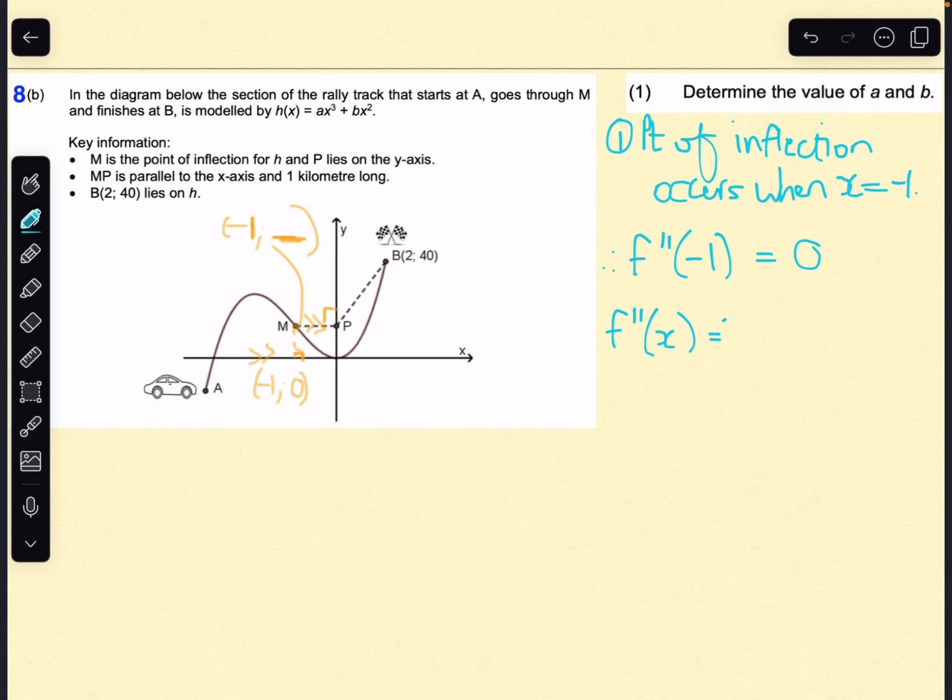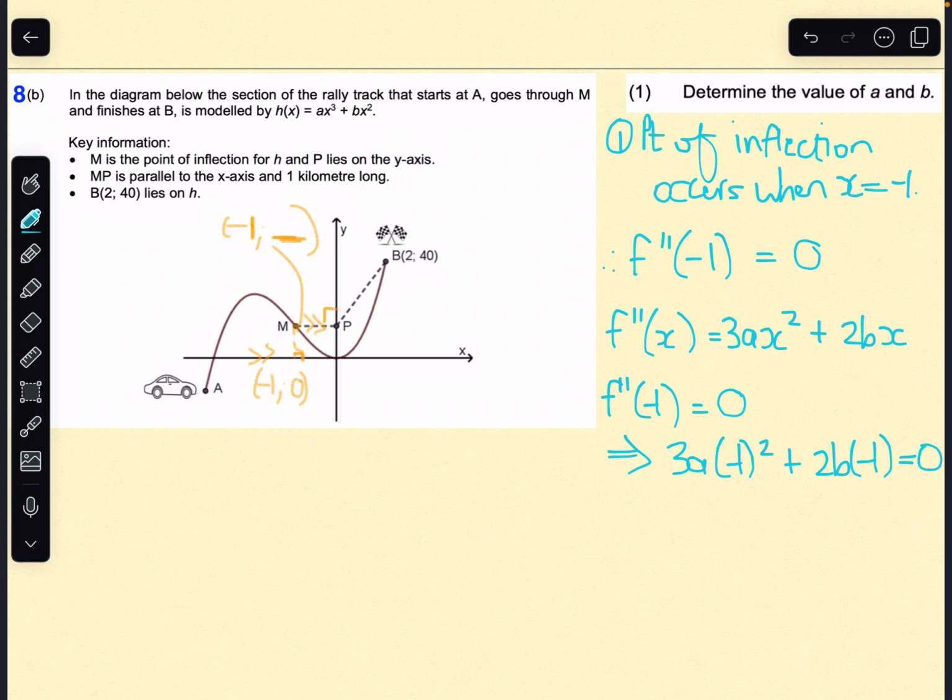It is 3ax squared plus 2bx, and we have now established that h double prime of -1 is 0, meaning that 3a times (-1) squared plus 2b times -1 is equal to 0. Okay, -1 squared is just 1, so that's 3a, and then this is -2b equals 0. So that is going to be our first equation.